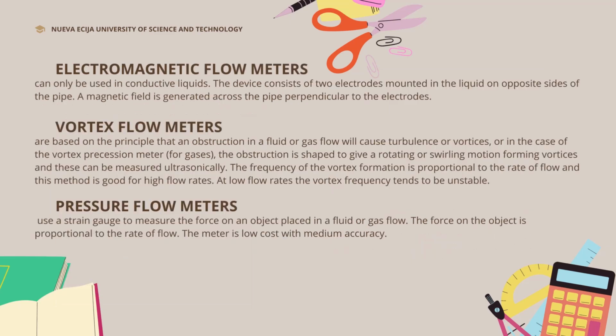Tapos meron naman tayong iba't ibang klaseng meters. So first one is the electromagnetic flow meters. It can only be used in conductive liquids. The device consists of two electrodes mounted in the liquid on opposite sides of the pipe. A magnetic field is generated across the pipe perpendicular to the electrodes.